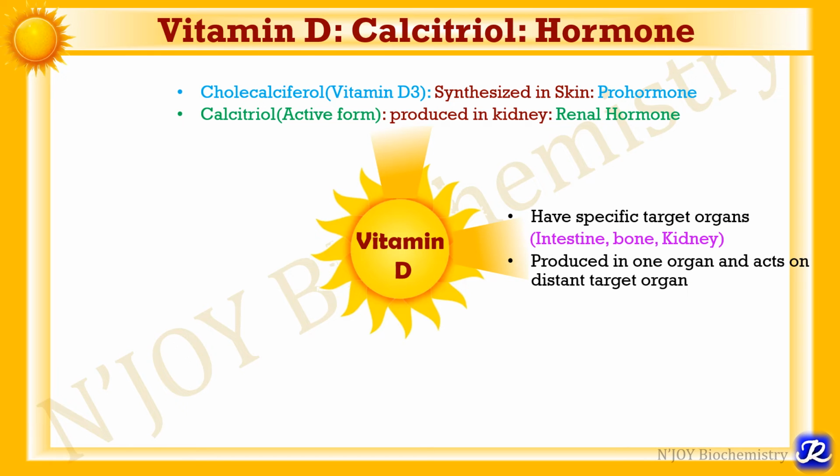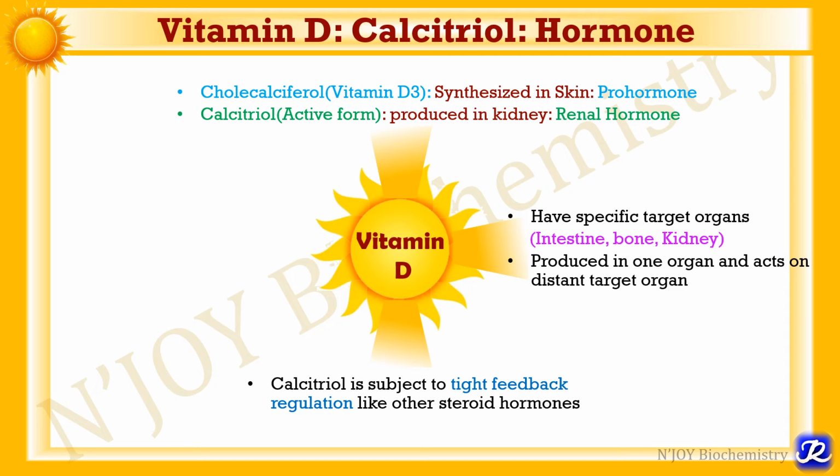Then it has specific target organs like intestine, bone and kidney, and like hormones, which are produced in one organ and act on a distant target organ, likewise the calcitriol is produced in a different organ and acts on distant target organs like intestine, bones and kidney.